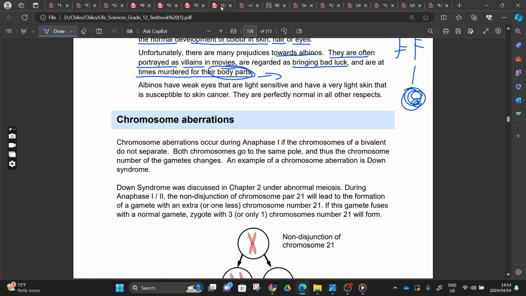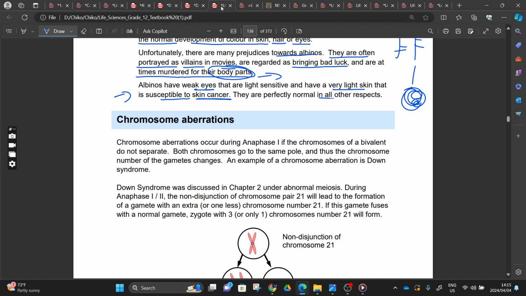They eat, they digest, they inhale oxygen, they exhale carbon dioxide. Do you understand? They can undergo copulation, fertilization, they can have babies. So everything is like us. Where is it coming from that albinos vanish and don't die? That body, where is that body going to? So albinos have weak eyesight, are light sensitive, and have very light skin that is susceptible to skin cancer.